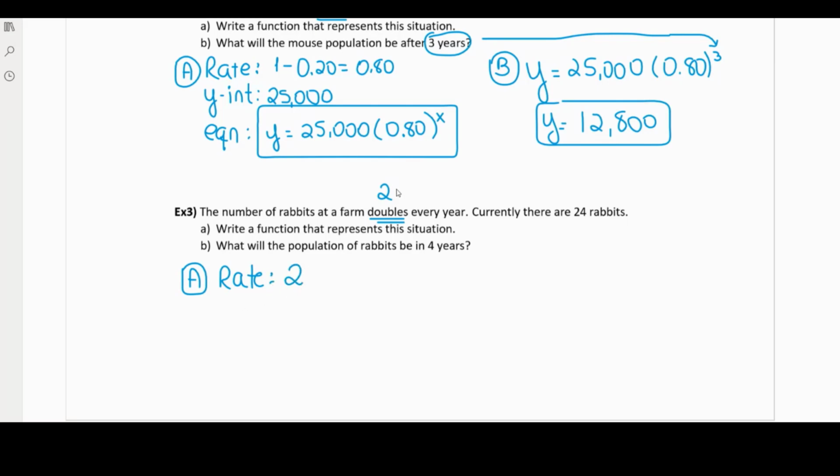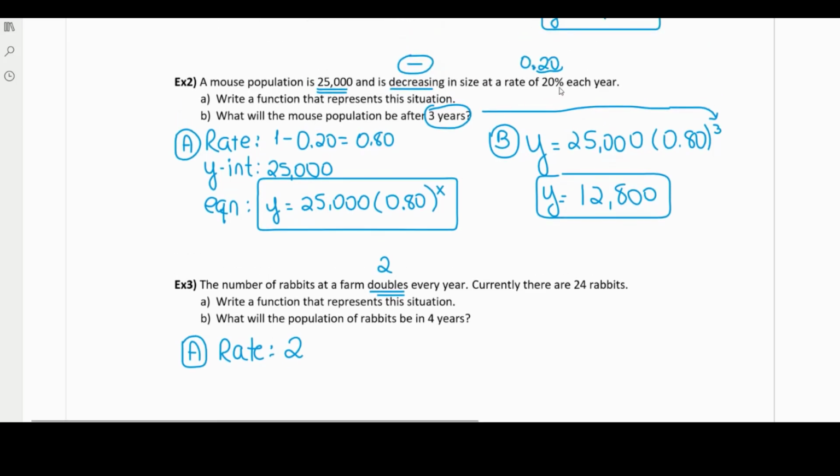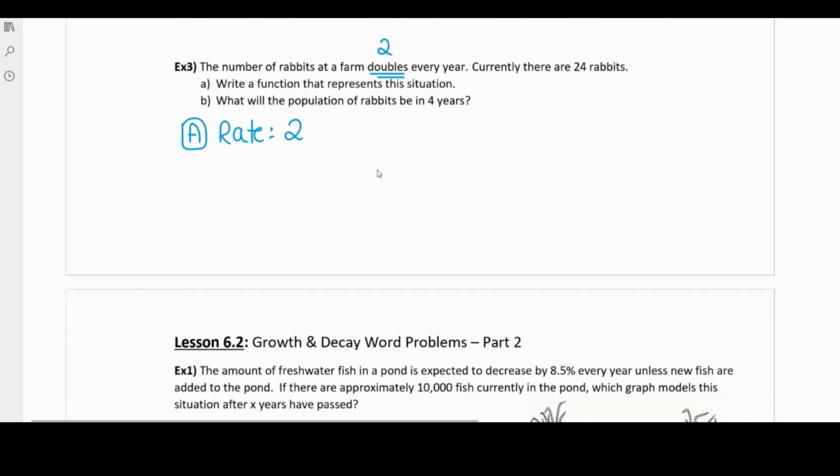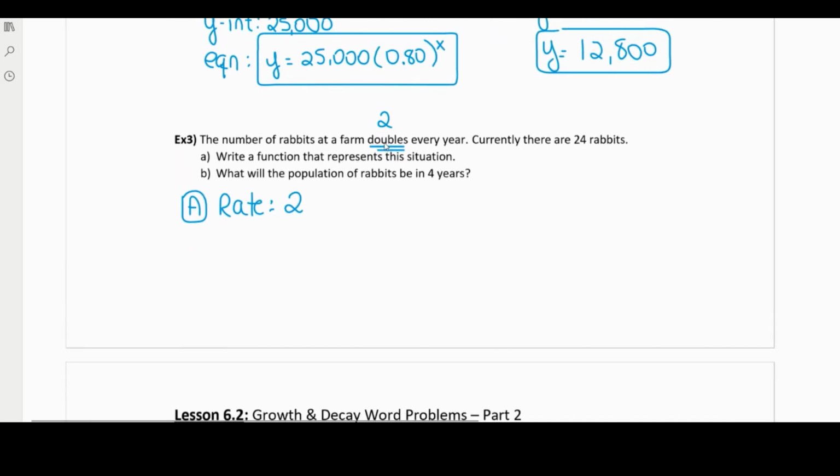So please be careful. On the previous problems, we're talking about percentage. And if it's percentage, then you have to either add or subtract from 1. Okay, the percentage changed to decimals. This one, I don't have percentage, so this will be our rate. Double is 2. And then we have the y-intercept. And the y-intercept is the initial value. And we notice that right now we have the initial value of 24 rabbits.